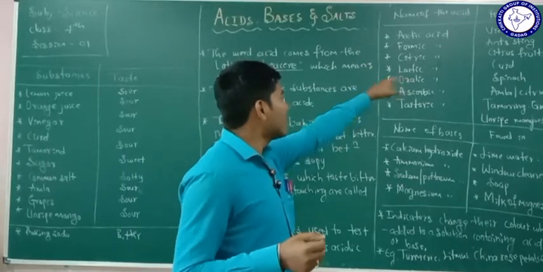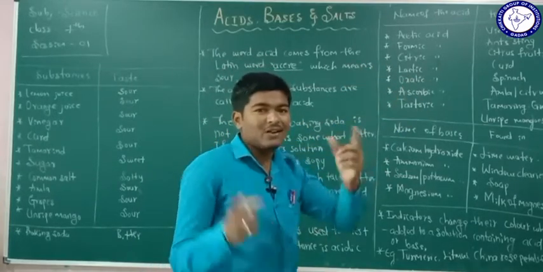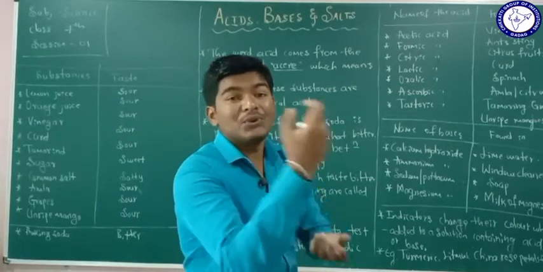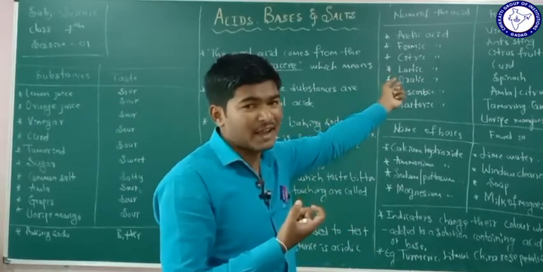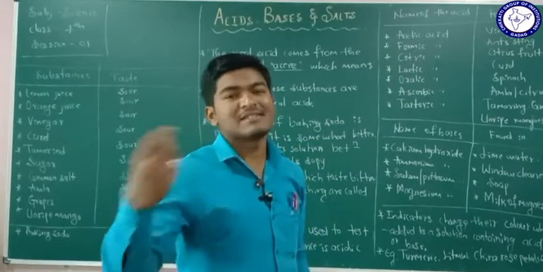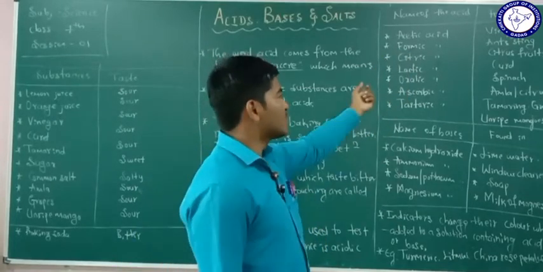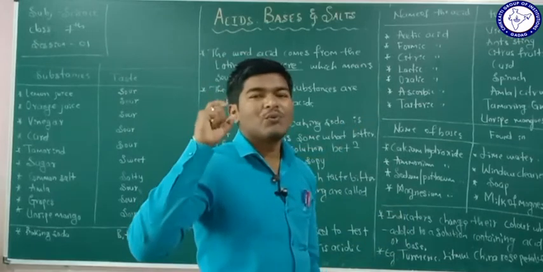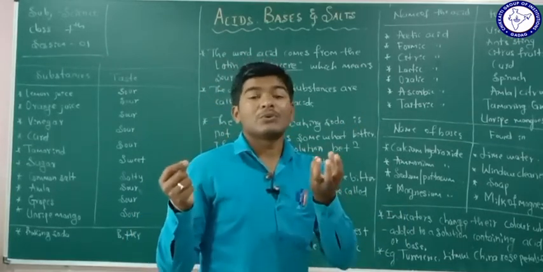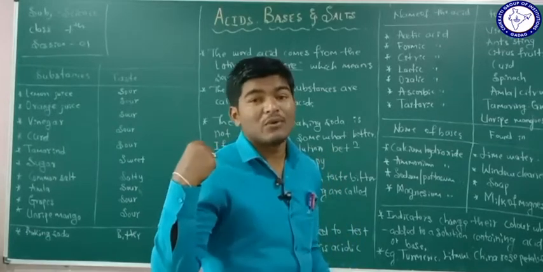The ants sting contains the formic acid. When acid and base are mixed, it will neutralize the acidic reaction. What is neutralization? We shall study in future sessions. So now I am giving one idea about what we are going to do when the ants sting our body.